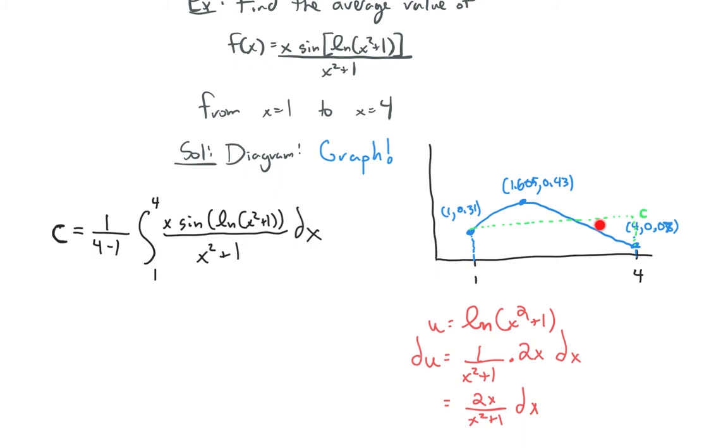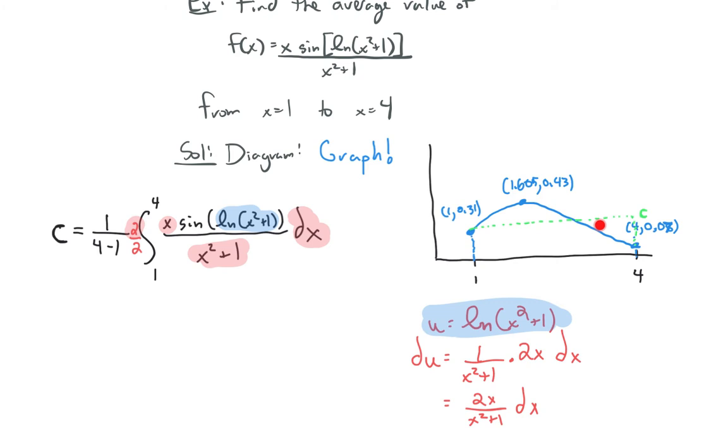So again, we can take out this x and this x squared plus 1, and let's multiply the function by 2 over 2, so we can take out this 2 here. We'll take out all of that and replace it by du, and then we're left with replacing this ln of x squared plus 1 by u.